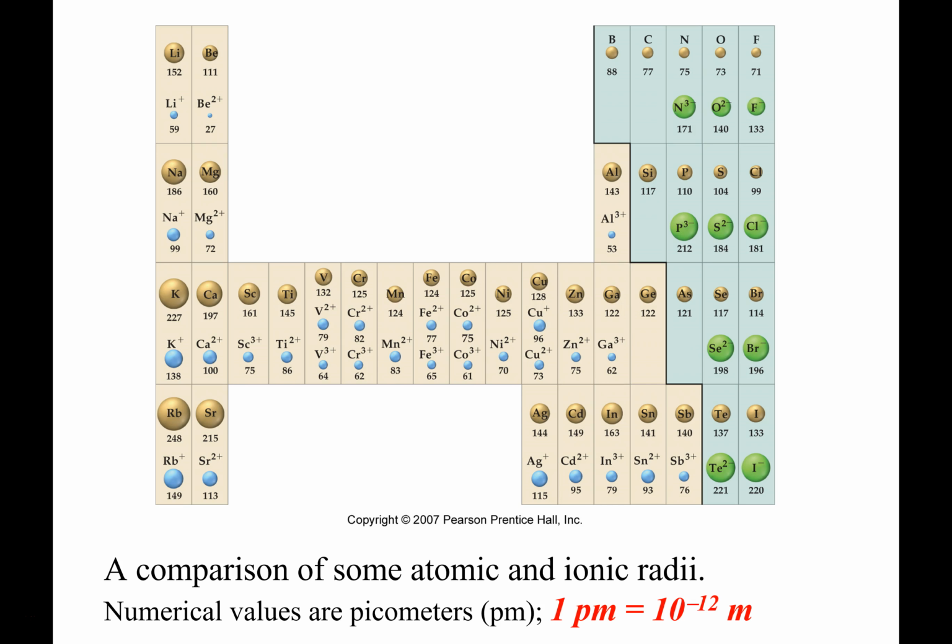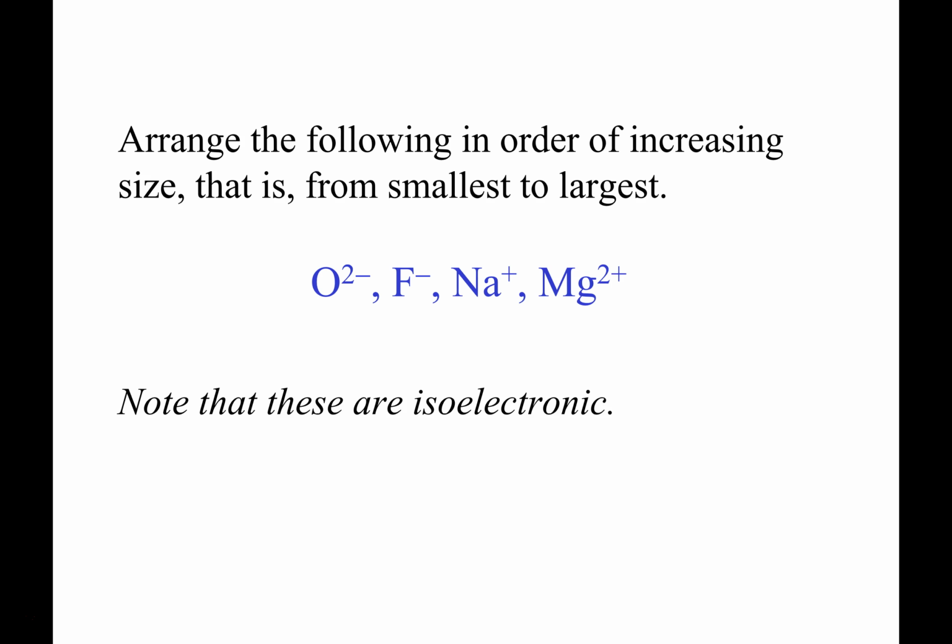So here in the gold is the parent atom. And then here in the blue, the metals are losing electrons, becoming smaller. Here in the green, the nonmetals are picking up electrons, becoming larger. So let's consider 4 things that are isoelectronic with neon.